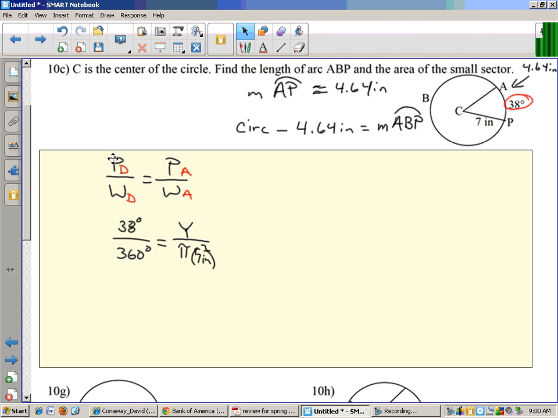All right, so let's go ahead and finish this out. We've got 38 degrees over 360 degrees, and I've got 49 inches squared, pi on the bottom here, times pi. So now I'm going to multiply both sides by 49 pi inches squared.